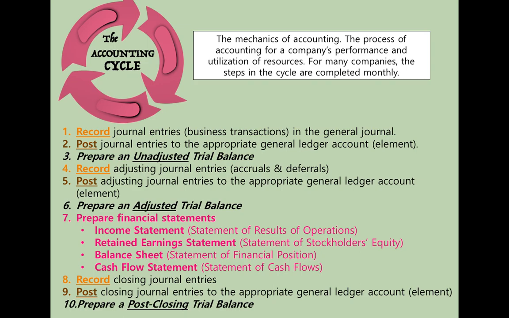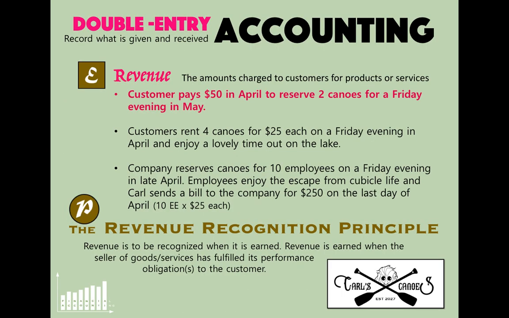Then we have financial statements. Then we record, post, and do a trial balance again. That's called the accounting cycle because as soon as we end step number 10, we go back to step number 1 for the next period and do it all over again. So we're going to look at adjustments primarily in this video.